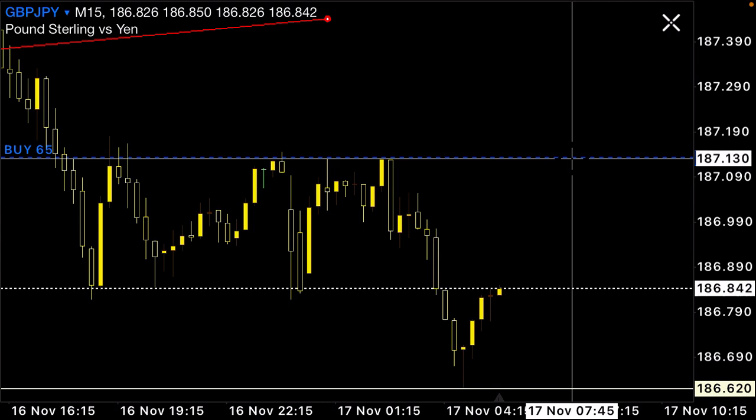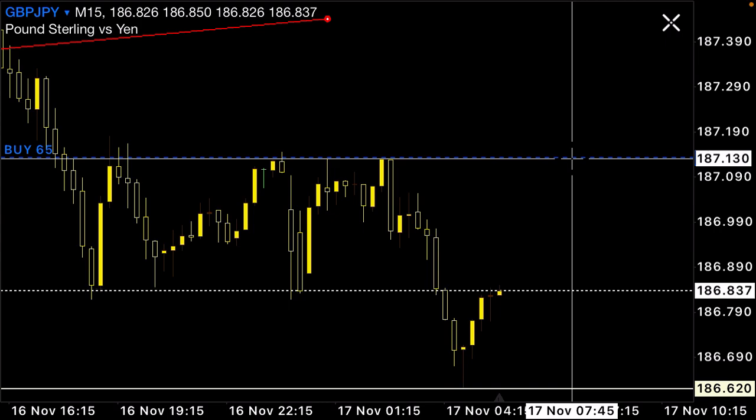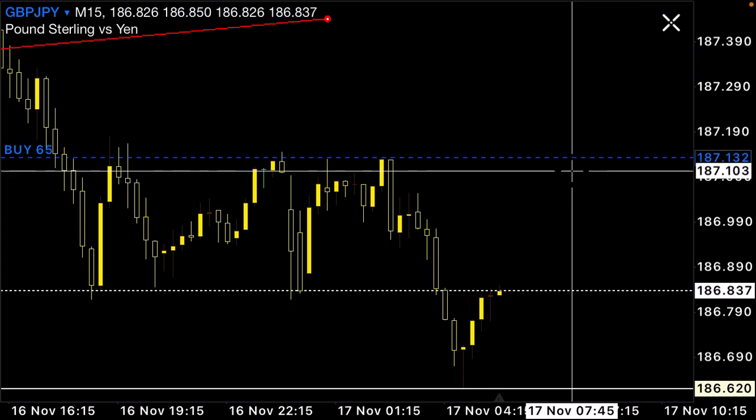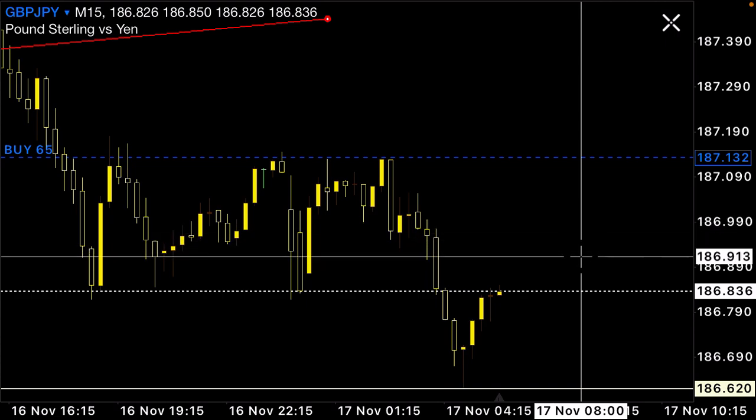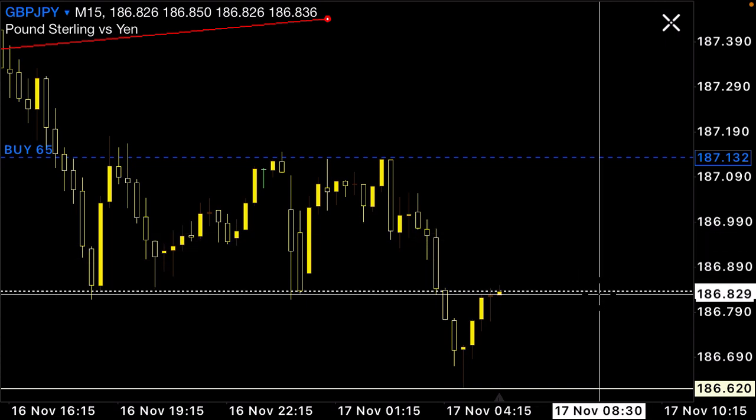So from 130 right there, 187.130 is where it was traded at, and it went down all the way down to here. It's down to here now, where it's at about 186.829.